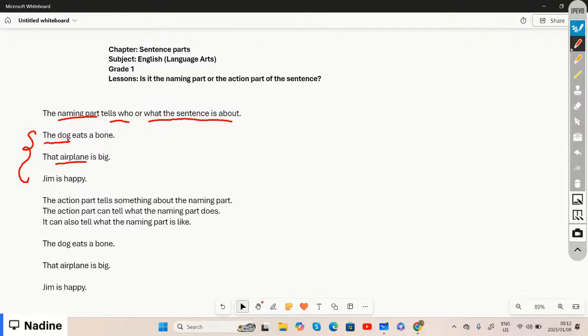Yes, well done. If we identify the naming part that tells us who is doing something, meaning who is happy, then we say Jim is our naming part. Well done. Remember, the naming part is either the name of a person, a thing, or an animal that tells us who or what is doing something.